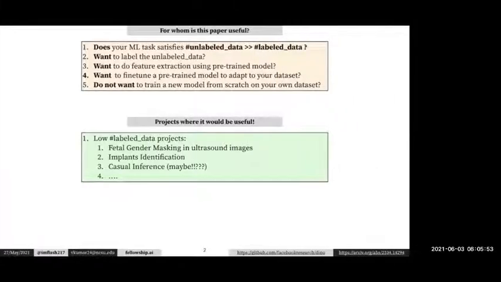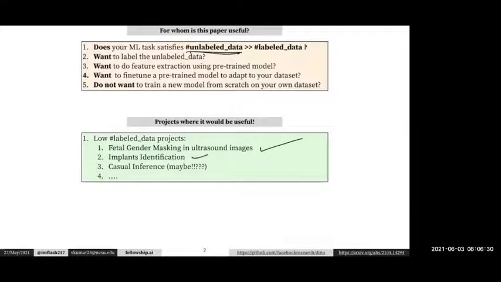So, these are the people who might find this work very interesting. Notably, the fetal gender masking project, I think they would find it interesting because they have very little labeled data compared to the amount of unlabeled data they have.